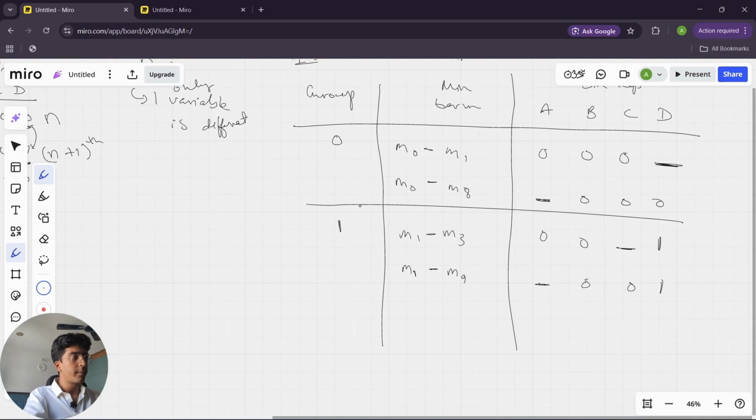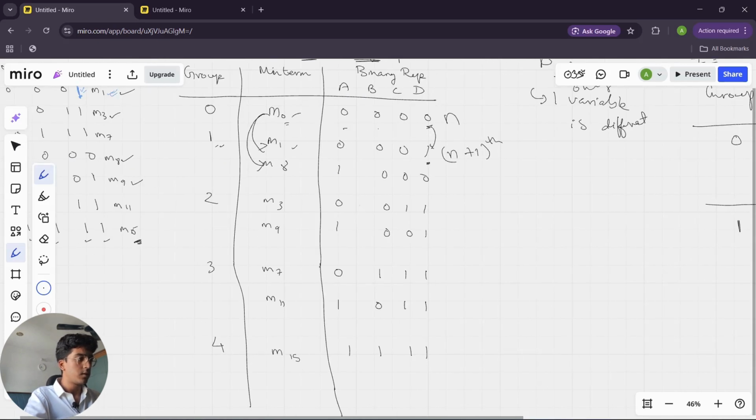Similarly, let's compare M8 with M3. With M8 and M3, there's a difference of more than one variable. जैसे कि अपन देख सकते हैं, ये अलग है, ये अलग है, ये अलग है. So M3 and M8 cannot be a matched pair because there is a difference of more than one variable.